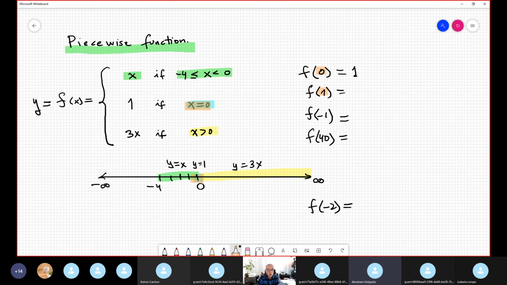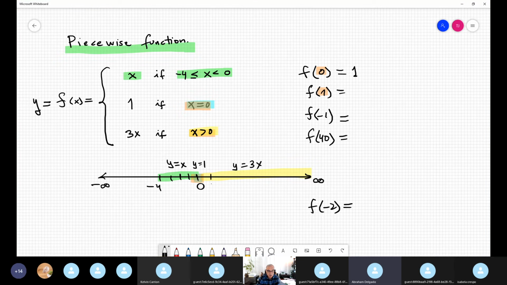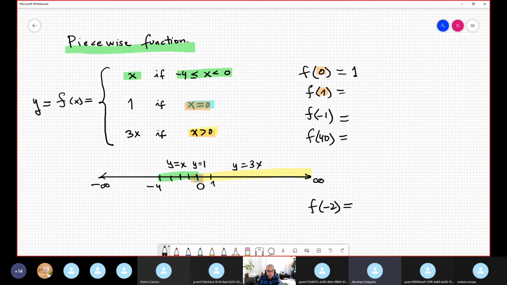1 belongs to this interval because it's a positive number. Look, the yellow part. This is 1. X equal 1, well, use substitution in the expression 3x. So, okay, listen to me. The process is you take the element in the domain, que es 1.